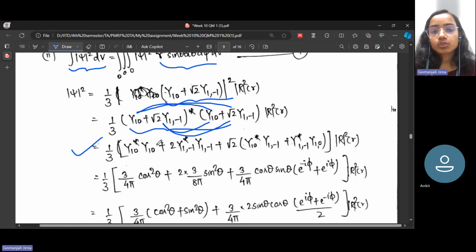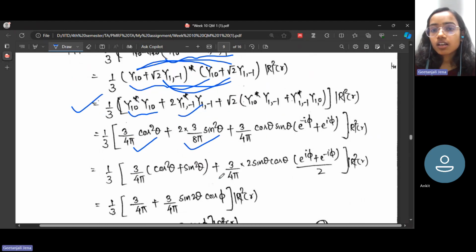Now you put the expressions for y10 and y1 minus 1 in all these terms. The first term would be equal to 3 by 4 pi cos square theta. The second term will become 2 into 3 by sin square theta.